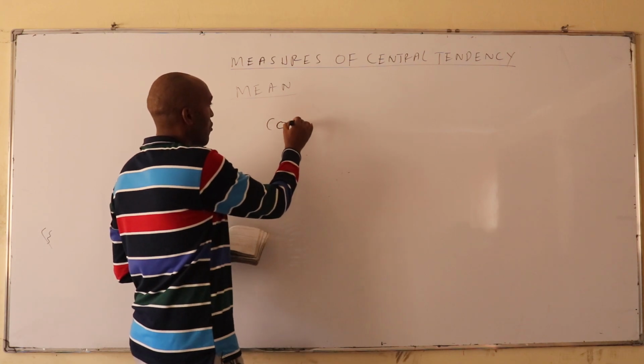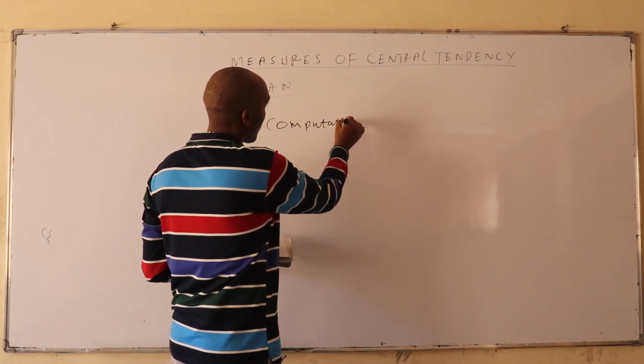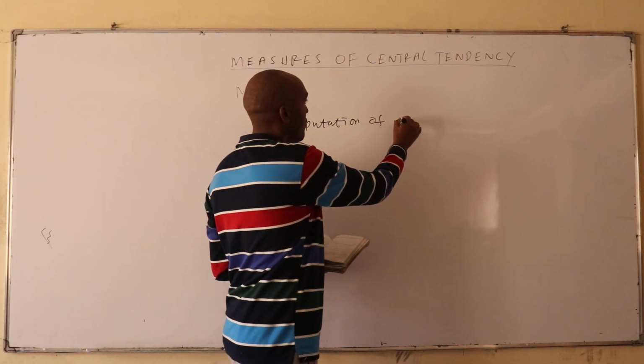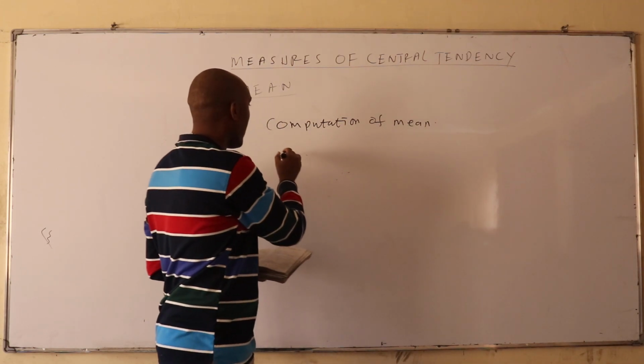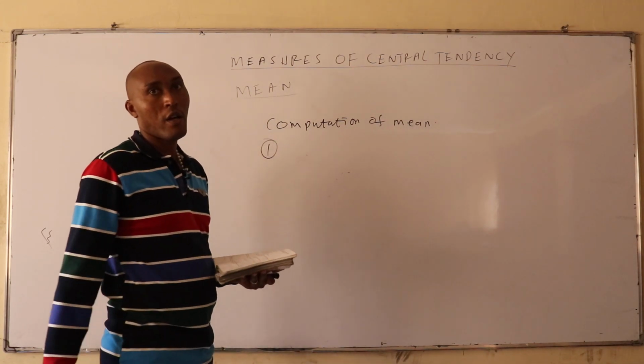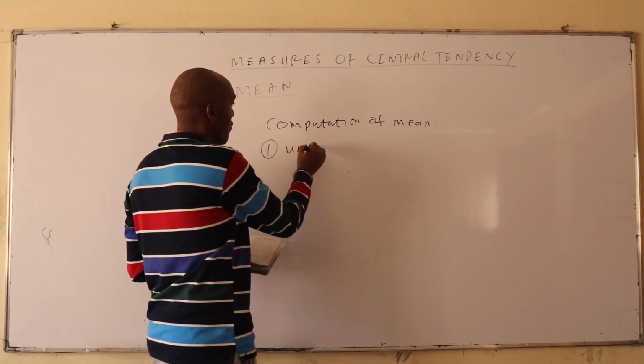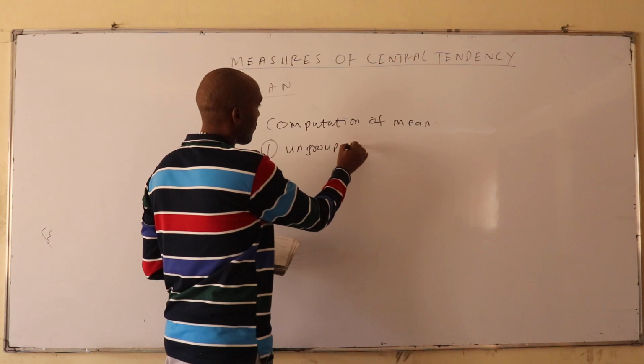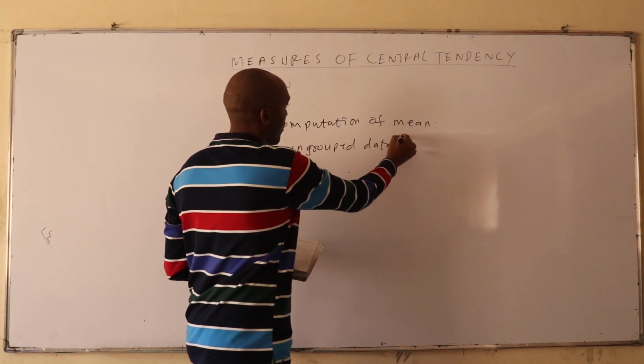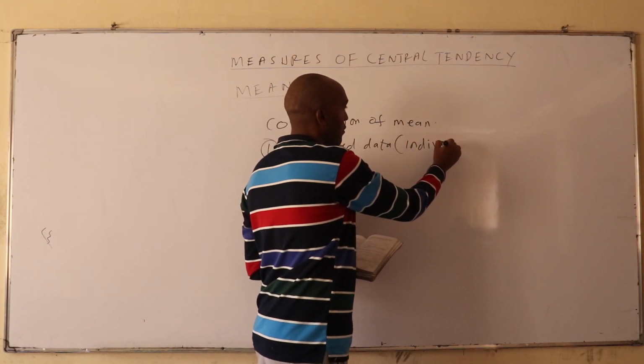So we call it a computation of mean. And we are going to compute using 3 ways. So we are going to compute mean for ungrouped data, individual series.